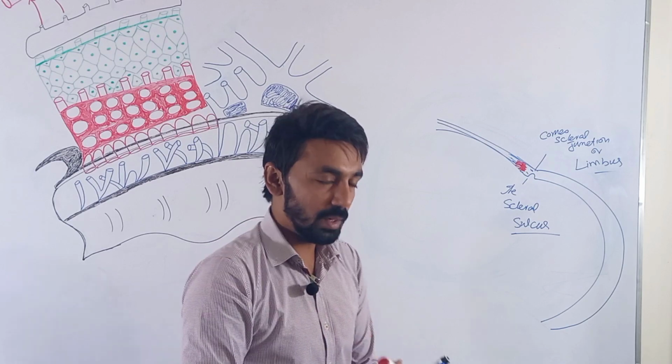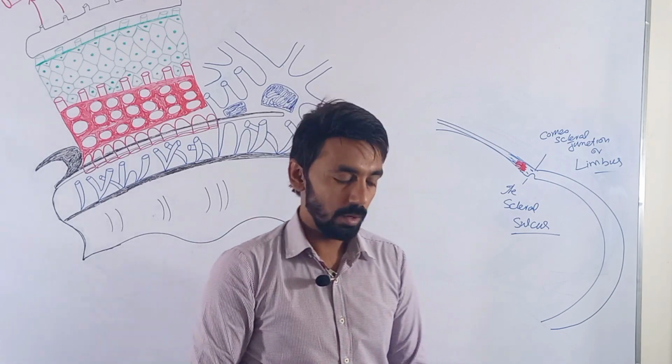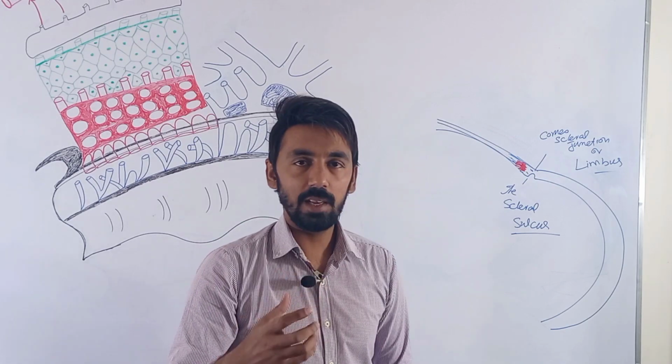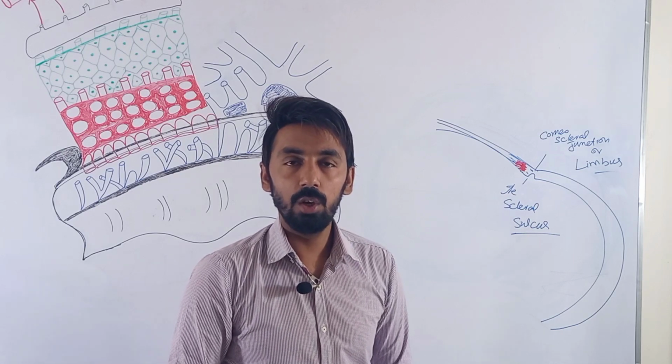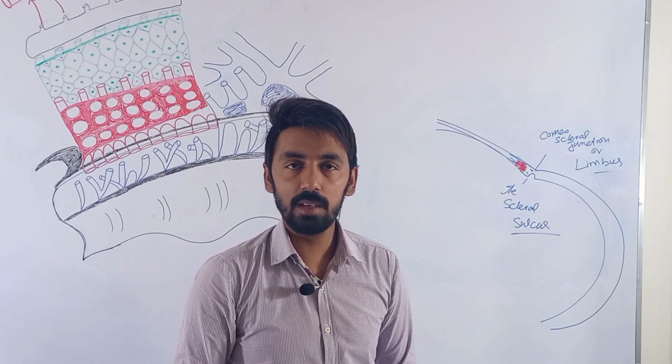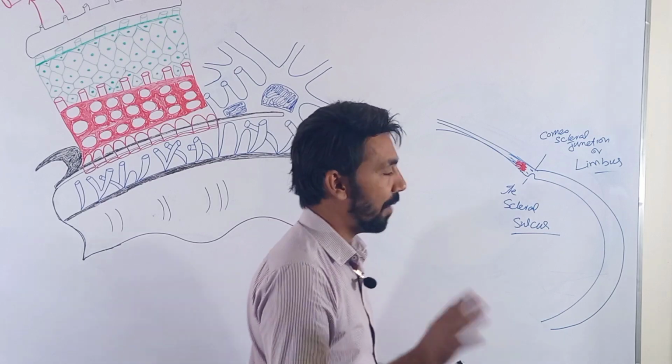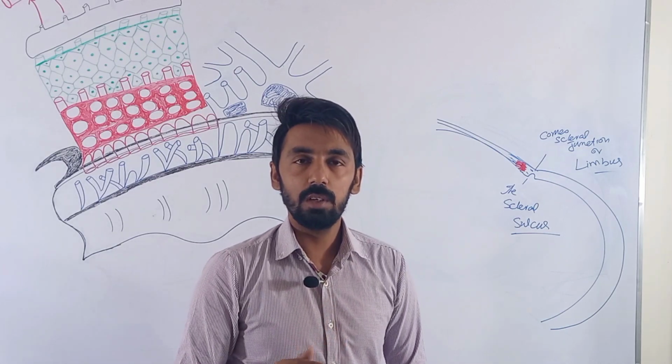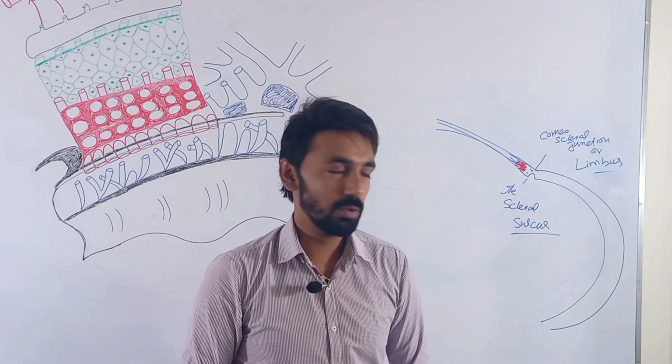And there is an important function of this scleral spur, which is that it will give attachment to the longitudinal fibers of the ciliaris muscles, right? We have discussed the different fibers of the ciliaris muscles in the last video.